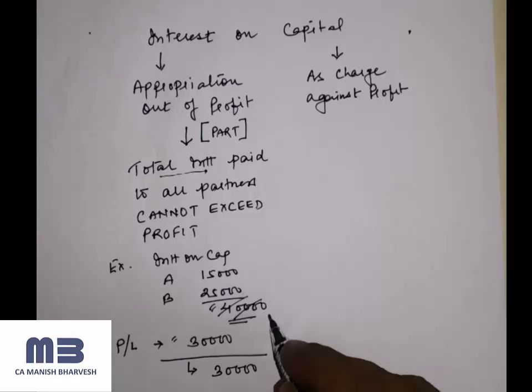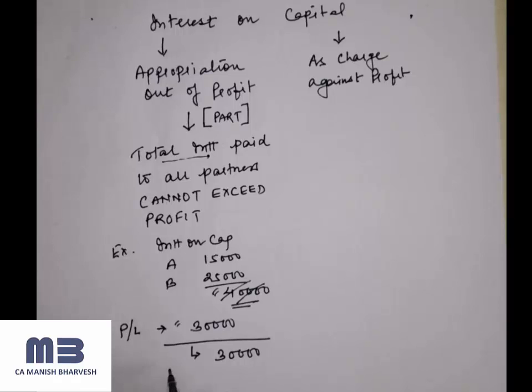And we'll divide this 30,000 among A and B in their respective capital ratio.